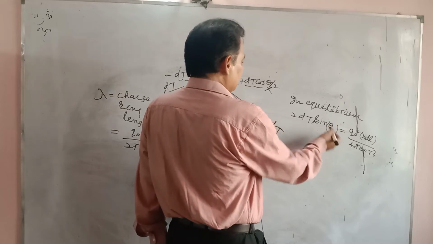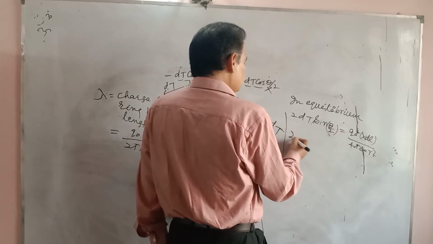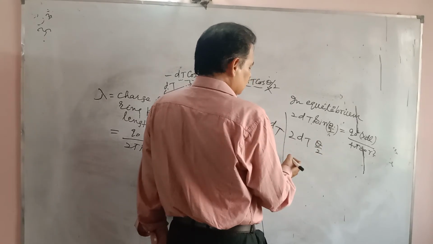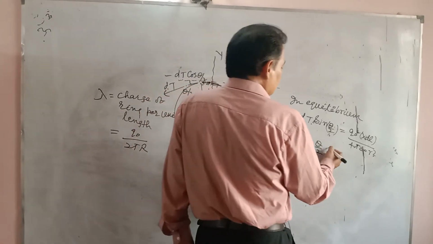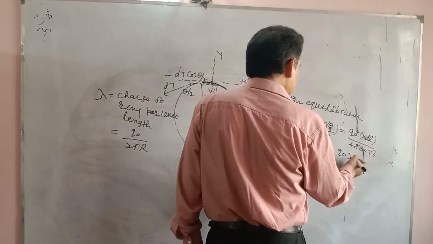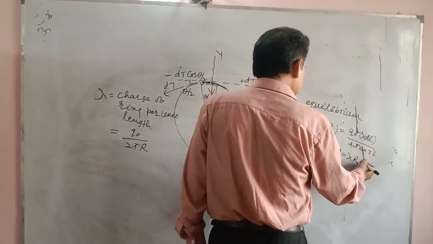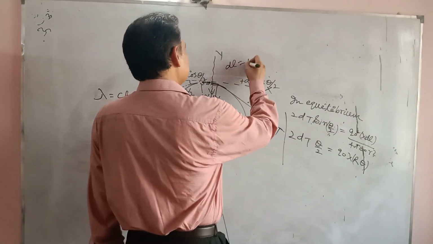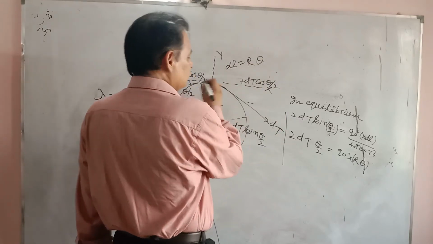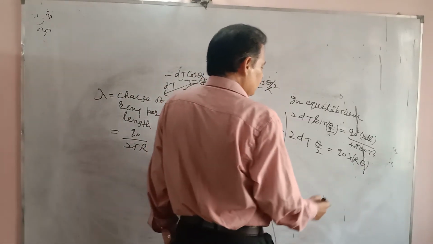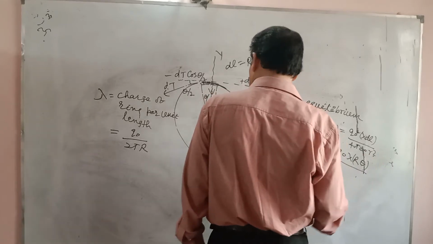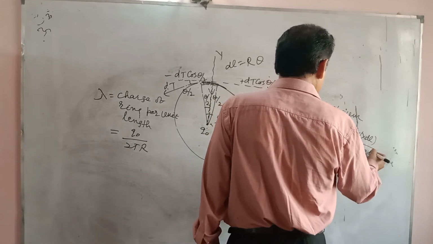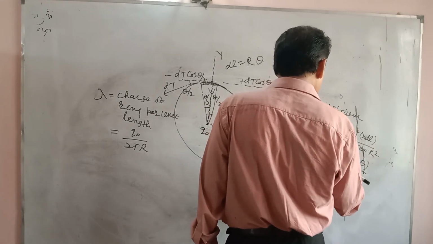So we can write 2 dT times theta by 2, because theta is very small, equals q naught lambda dl, where dl is r theta, that is the length, by 4 pi epsilon naught capital R squared.